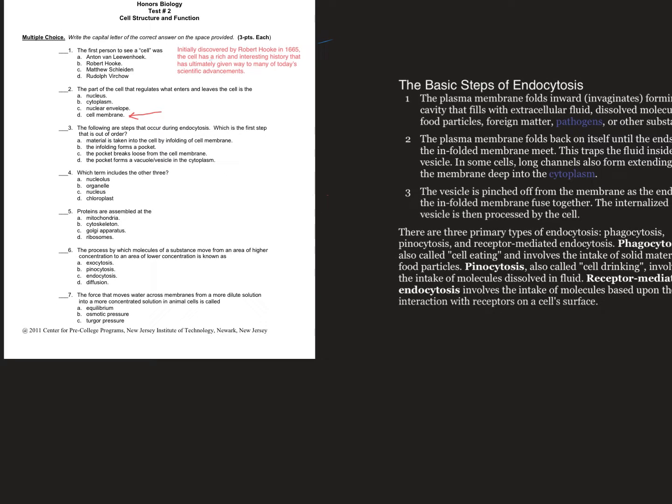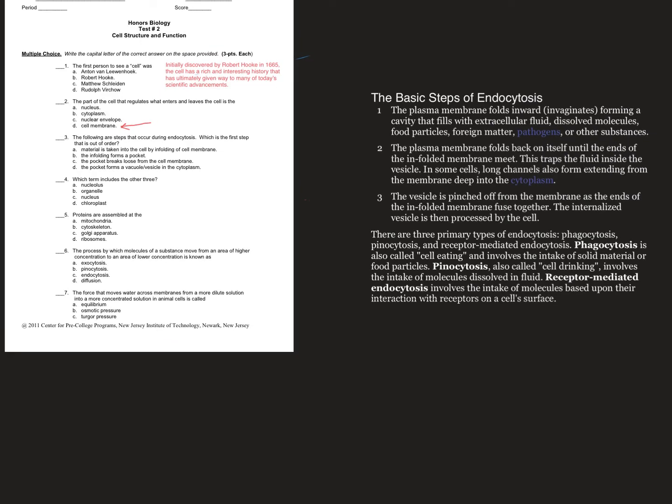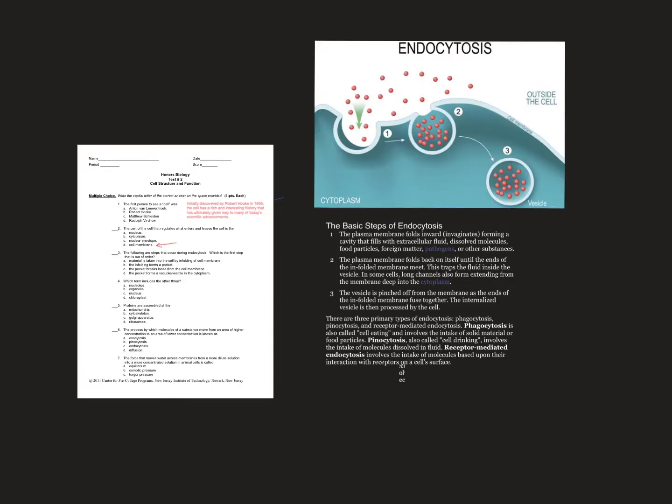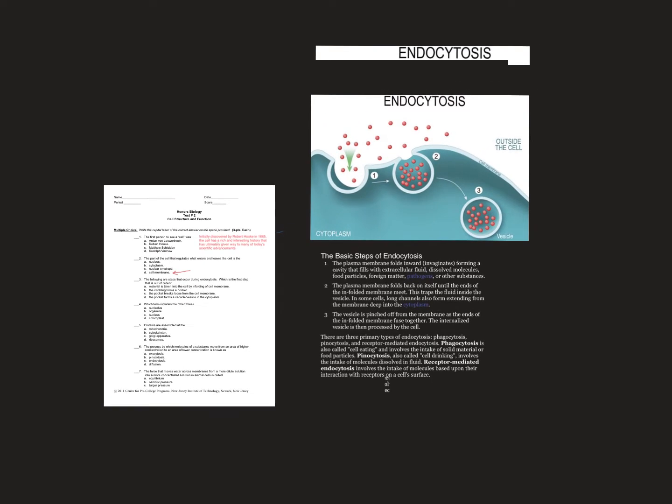Here are some basic steps to how endocytosis happens. It's from the Thought Company, an internet source. And you see what happens is the plasma membrane folds inward. Invaginates is another word, forming a cavity or pocket, as they say here, a pocket that fills with extracellular fluid, molecules, food particles.